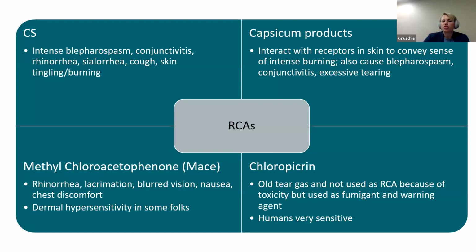So it gets added to other odorless and tasteless and non-irritating but toxic gases so that you have a sense of alarm when you enter a space where that toxic gas exists. Human sensory detection for chloropicrin is as low as 0.3 parts per million. So incredibly tiny amounts of chloropicrin will irritate the mucous membranes of folks. And so luckily we don't use it as a tear gas, but it is helpful in some other protective regards these days.